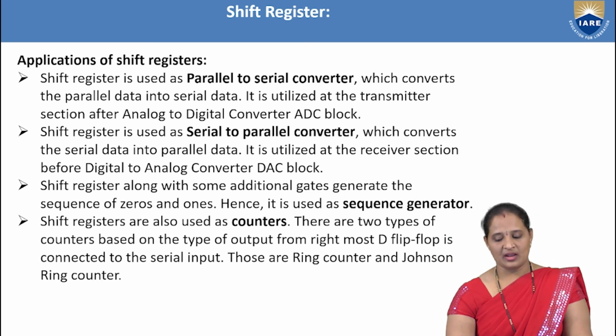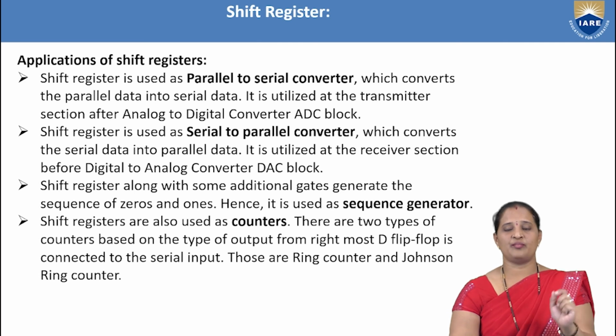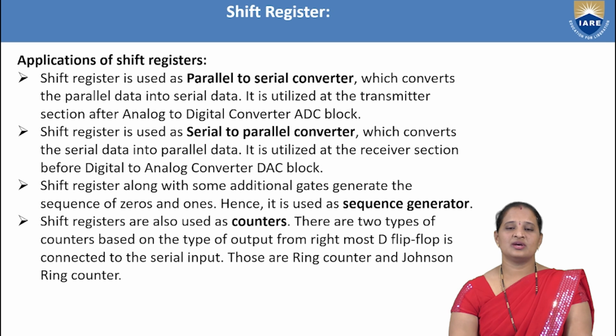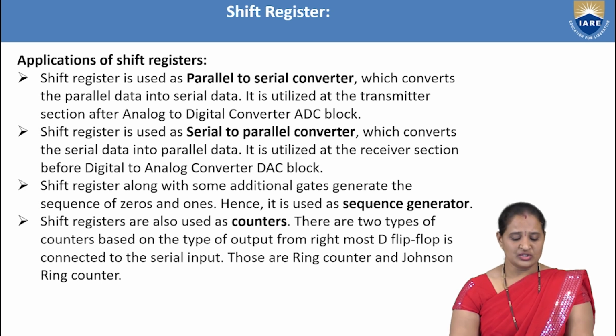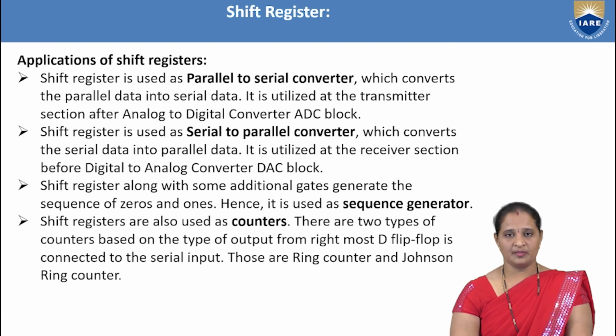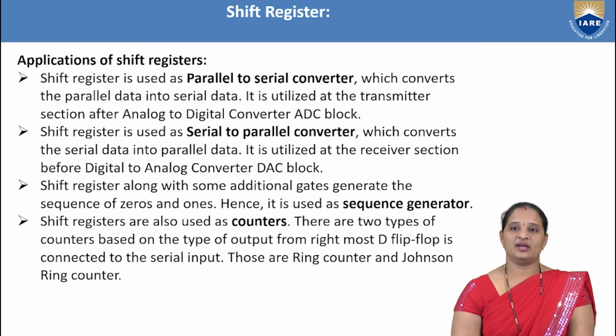And the last and most important application of shift register is that it can be used as a counter. We can design two types of counters using shift register: one is the ring counter and the other is the Johnson ring counter, or twisted ring counter.